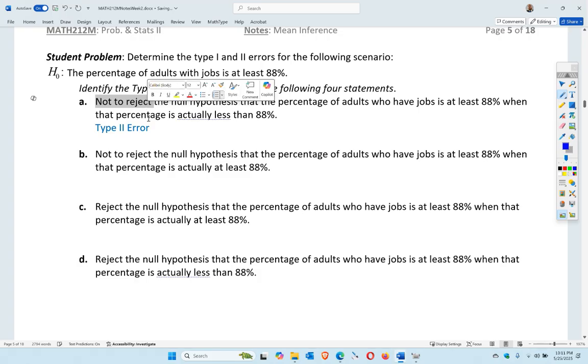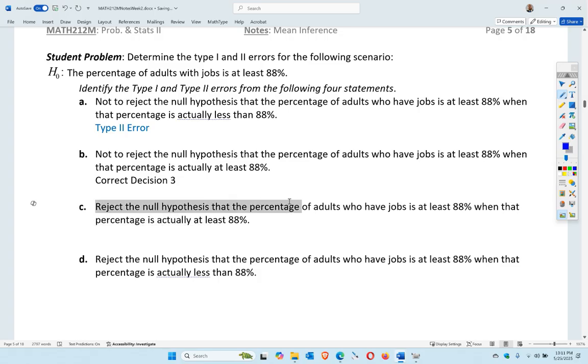That's the key: when you should have. Here you didn't reject it, but that's what should have happened. That is the correct decision. Now, you do reject, and that's not what should have happened.